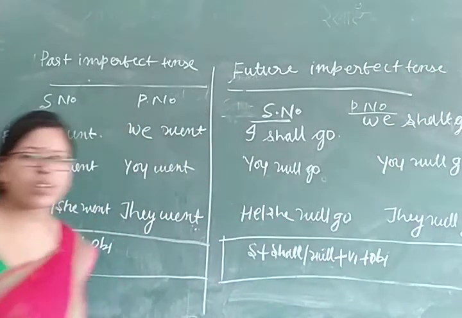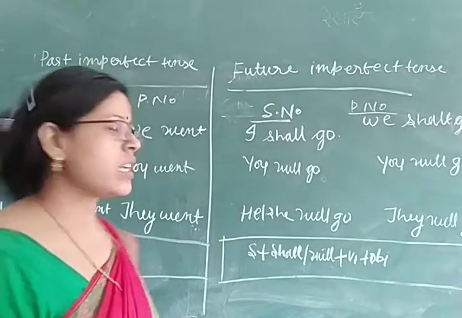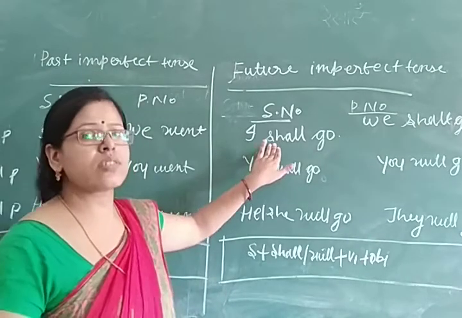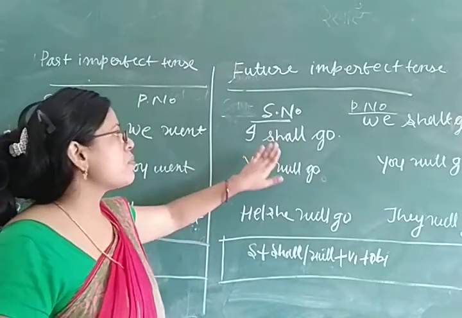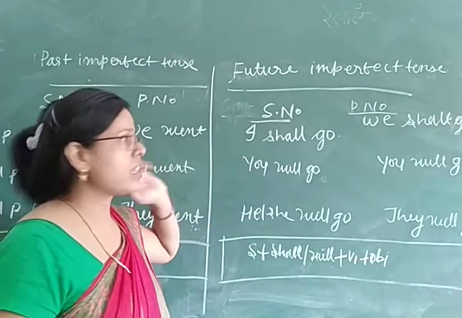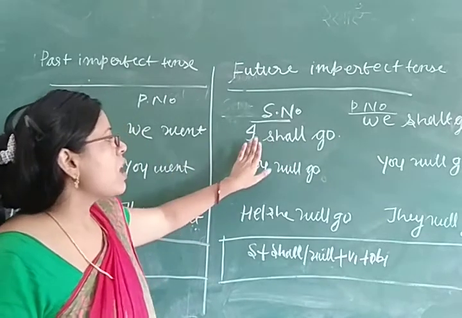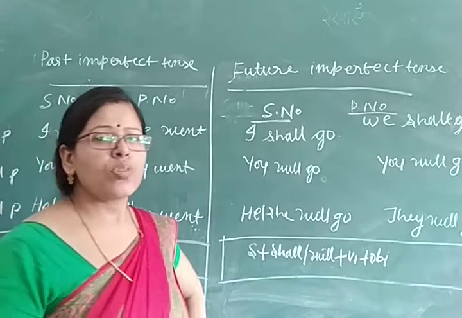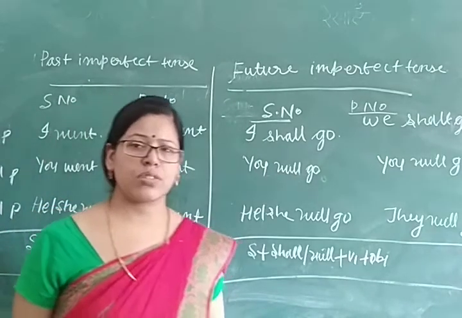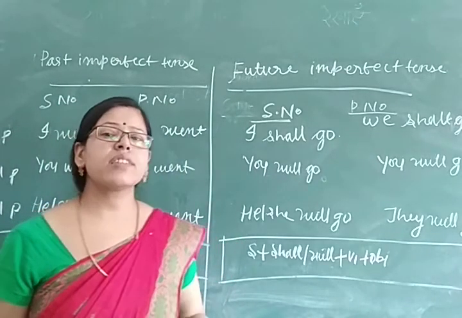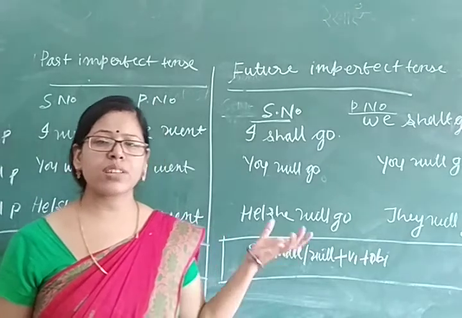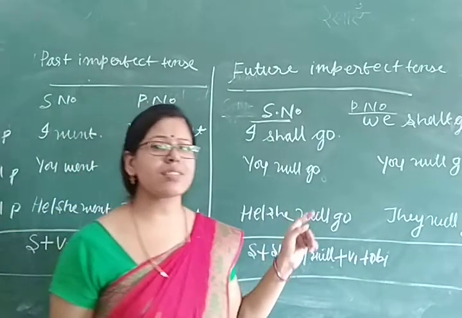Now, I forgot to tell you the Hindi of this sentence. So at first we will finish this simple future tense. Then I will start teaching you the another one. I shall go. That means we talk about some action which will take place in future. We talk about the future action in this tense.